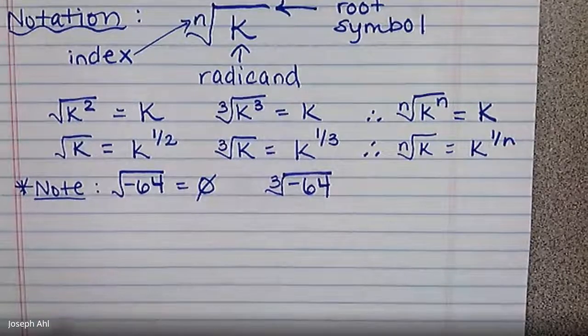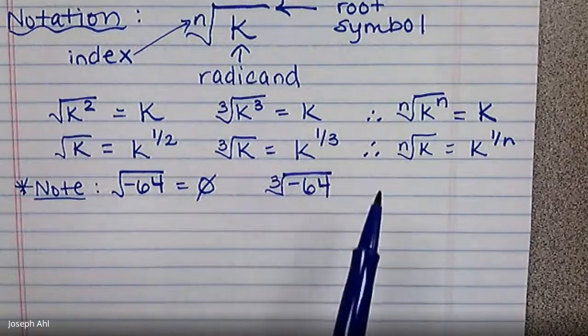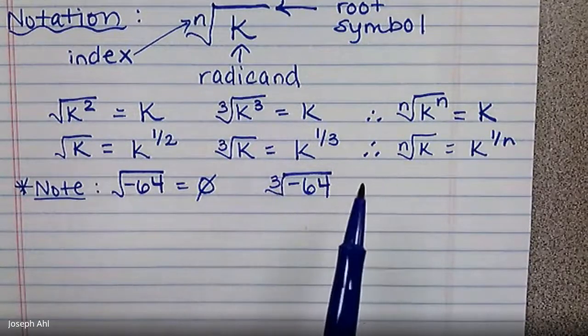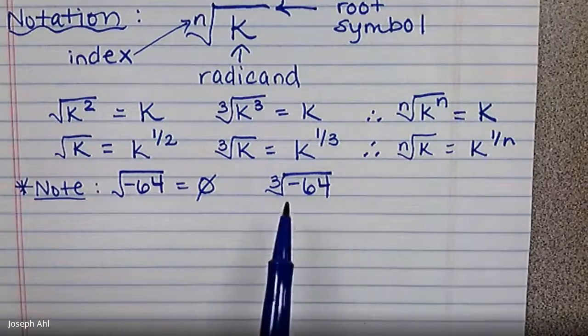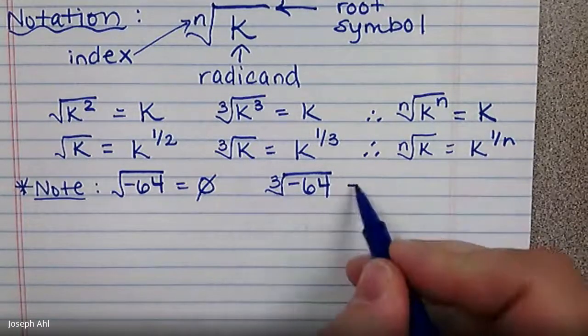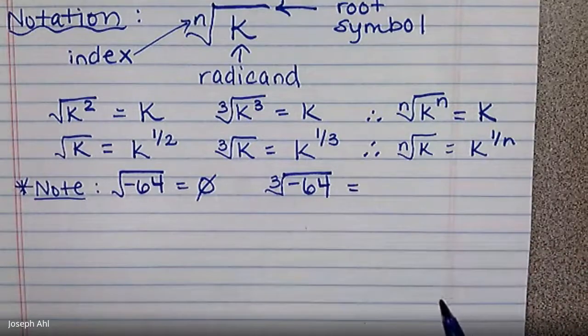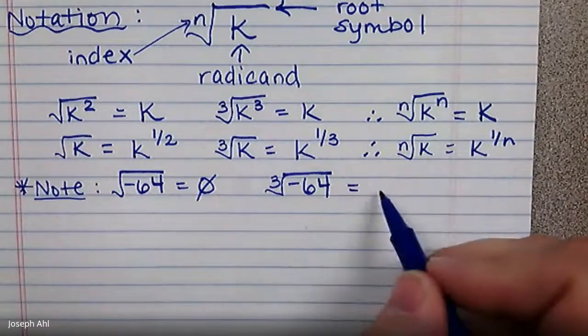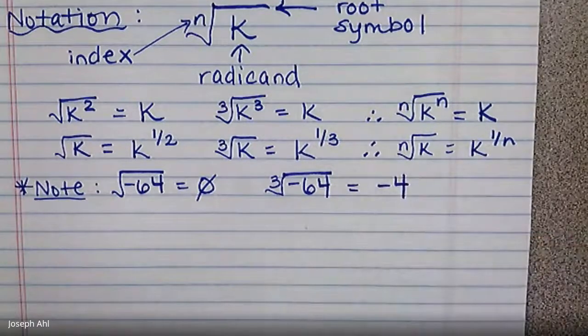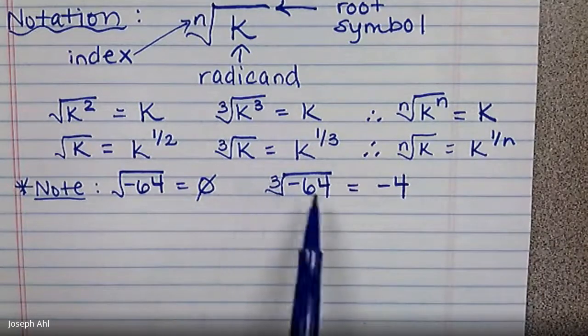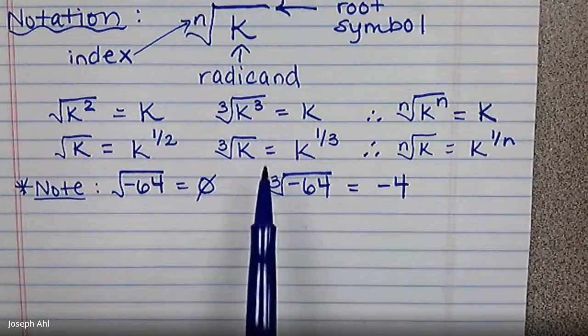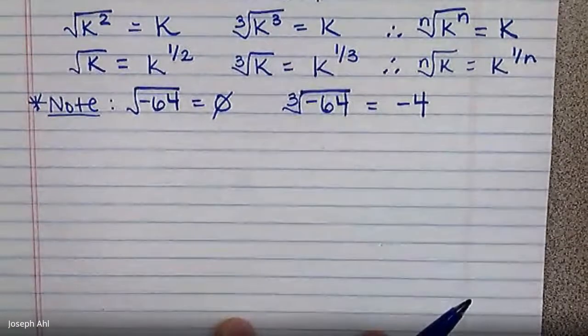Can you multiply something by itself 3 times to get a negative? Yeah, a negative times a negative times a negative is negative. So you can take cube roots of negatives with no issue at all. The cube root of -64 is -4. Because if the cube root of +64 is 4, the cube root of -64 is -4.